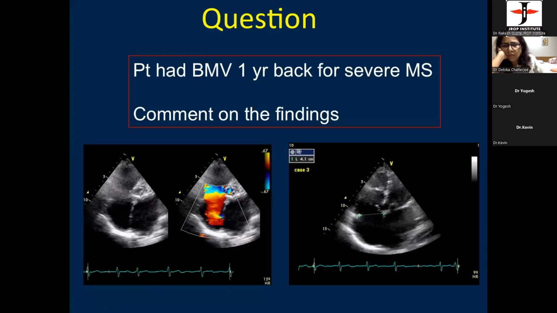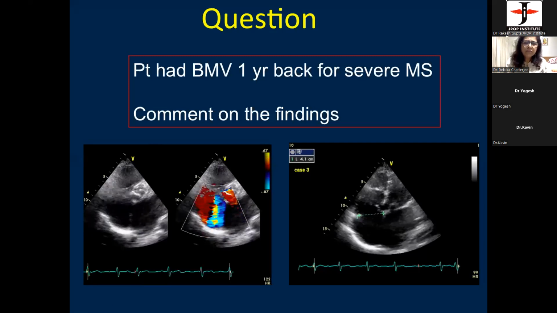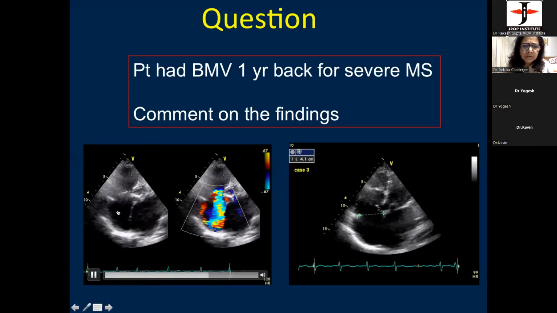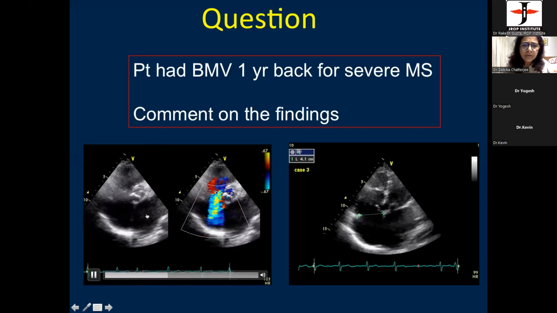Look carefully. Where is severe MR? Which chamber is this? This is left atrium. And which chamber is this?